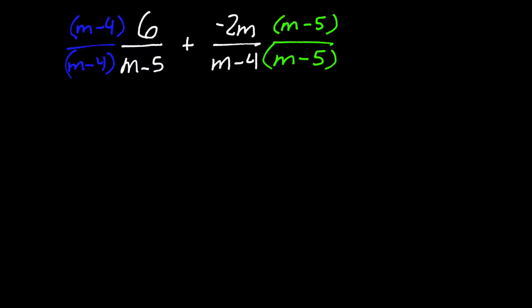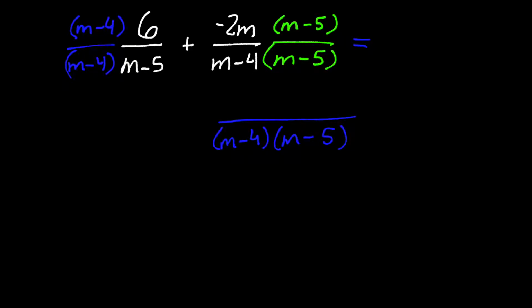And you might be thinking, this is going to be a lot of distribution. Here's the good news: you're going to leave the denominator in its pieces, m minus 4 and m minus 5. You're not going to distribute the denominator. There's no need, because ultimately we want to try to see if there's anything we can factor out.